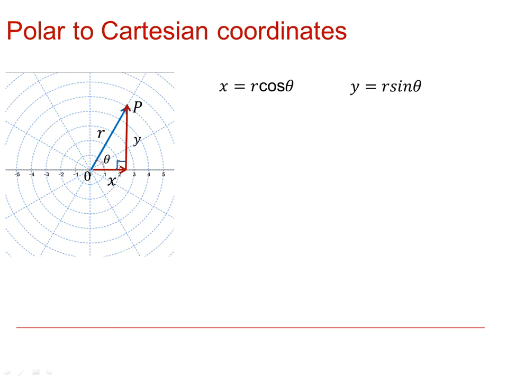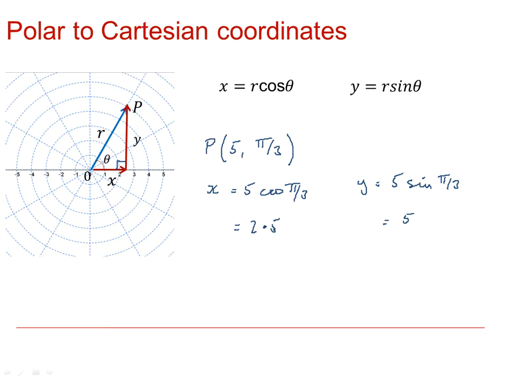So for this particular point, P has polar coordinates 5 and angle pi by 3, and so we would have x is equal to 5 cosine of pi by 3, and cosine pi by 3 is equal to a half, so this is equal to 2.5, and y is equal to 5 sine pi by 3, and sine of pi by 3 is root 3 over 2, so this is 5 root 3 over 2.